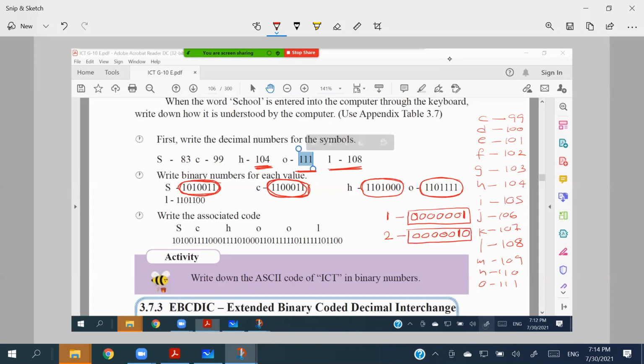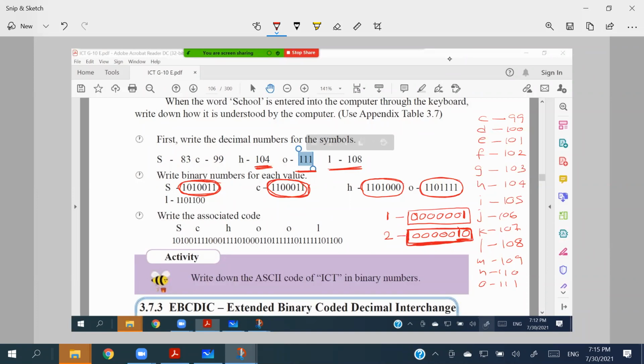Normally we represent it as just 1 0. But since this is a 7-bit representation, you have to represent everything in 7 bits. So in case you don't have the leading bits, you have to fill those in with zeros. Right? So then the thing is simple.